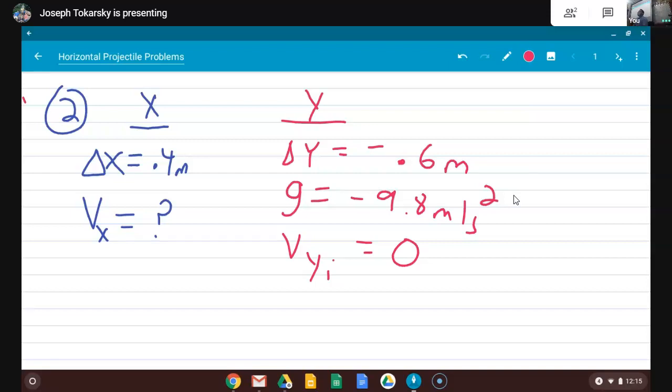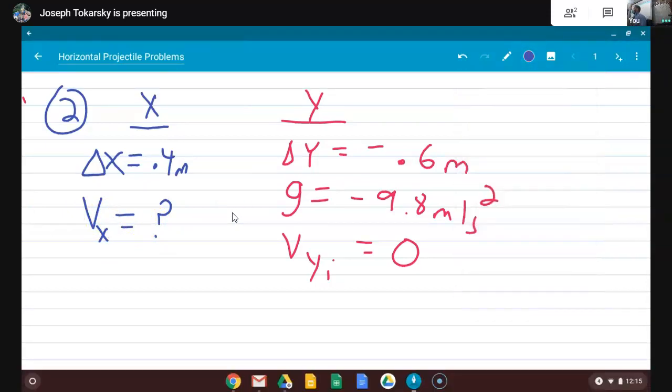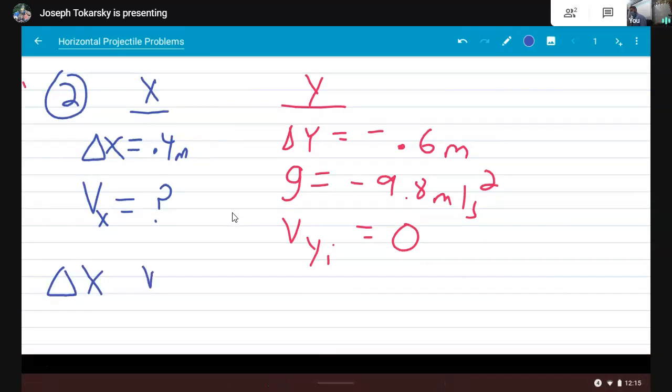So in this one, we already identified what we're really solving for, the Vx. But we know there's only one equation that we could use. Since this is the constant velocity axis, the only possibility is delta x equals Vx times t, right?